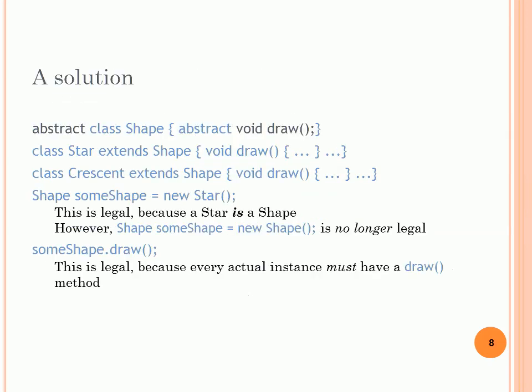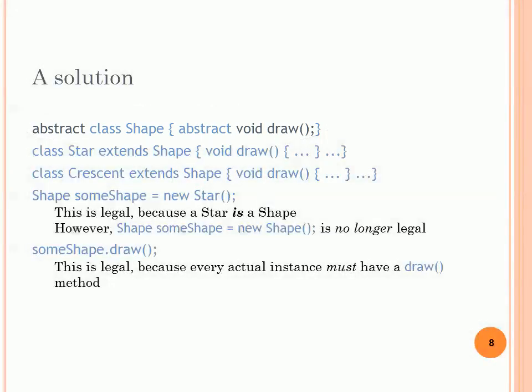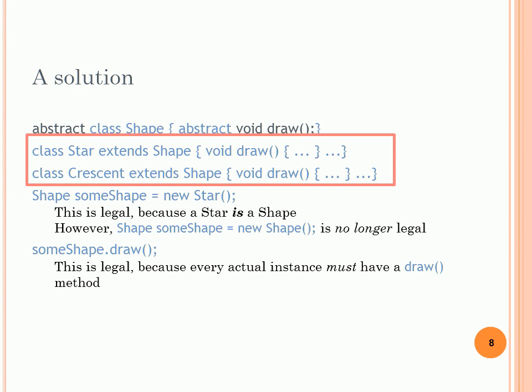Here is the solution. We will create an abstract class called Shape in which we will create an abstract method called draw. This method will have no body. Now, we will create another two classes, Star and Crescent, which both will extend the Shape class.